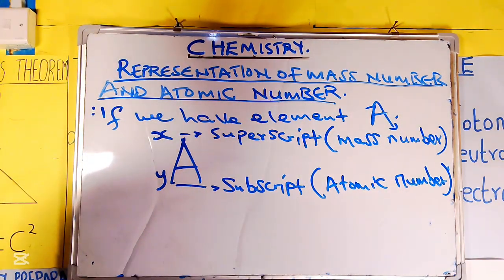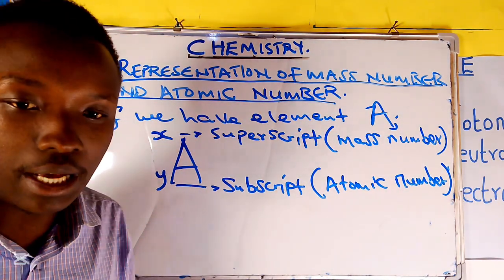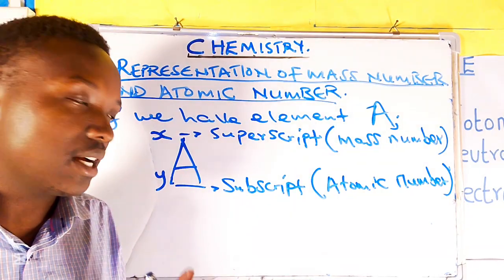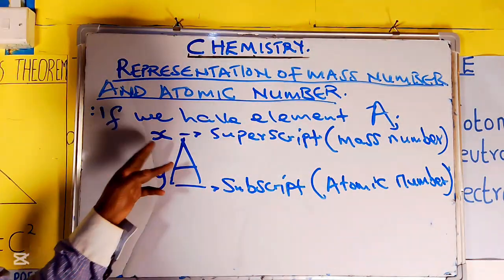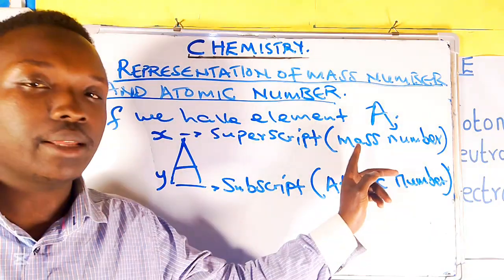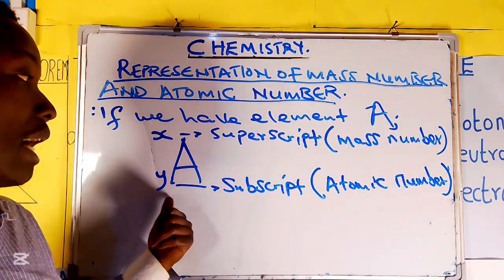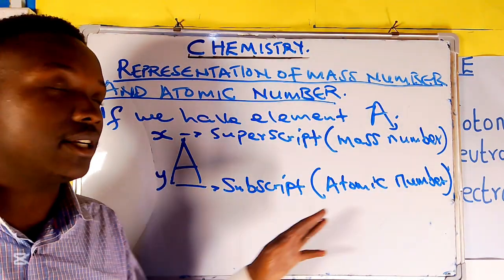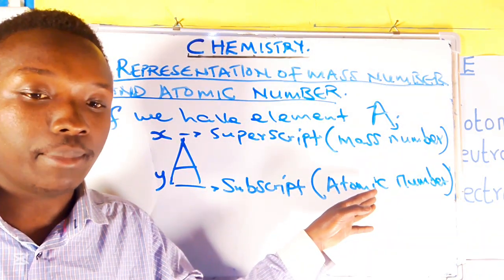So for us to represent the mass number and the atomic number on an atomic structure, the number above, which we call the superscript, represents the mass number, and the subscript is the one that represents the atomic number.